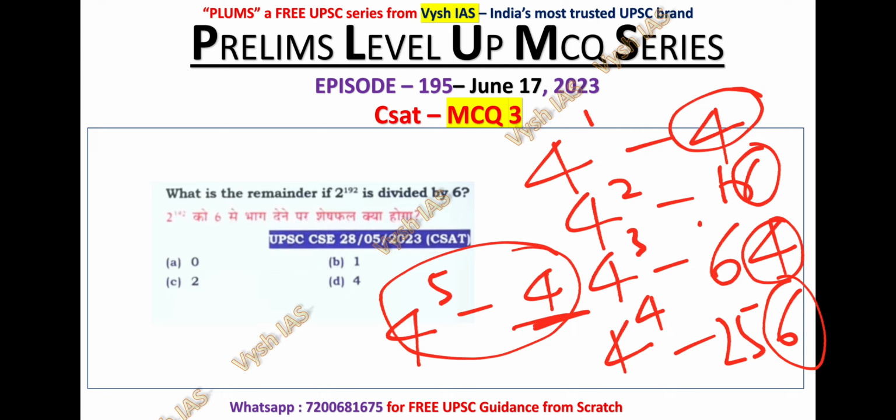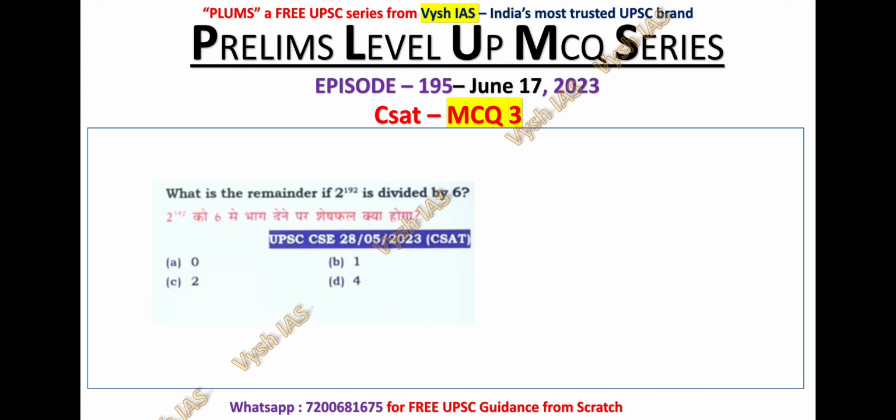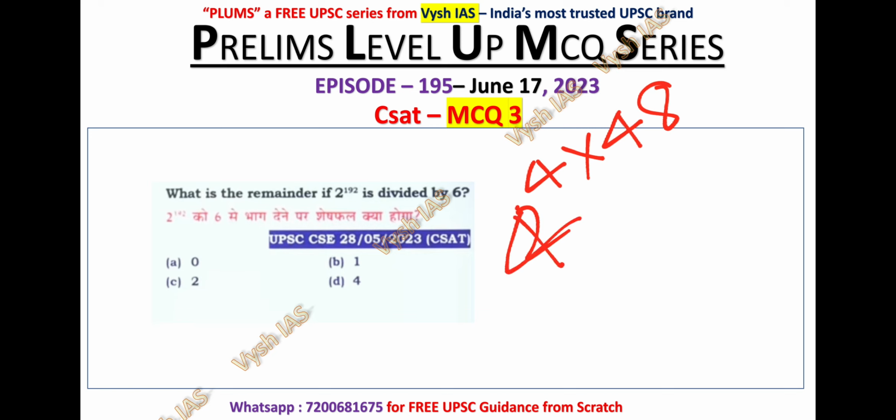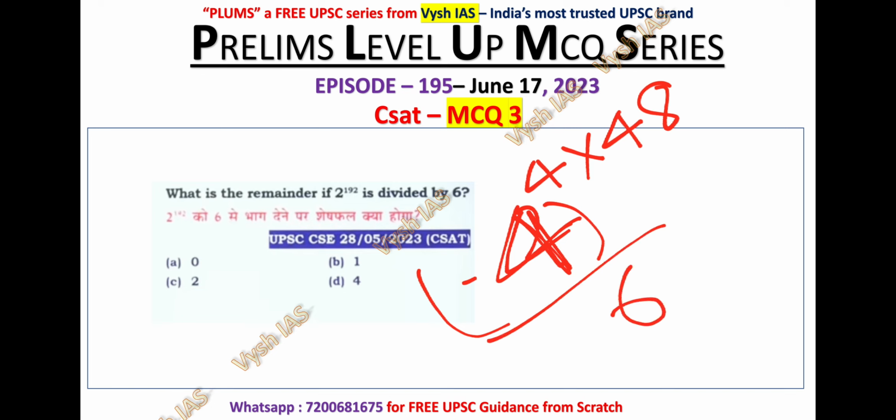In the same way, 192 can be written as minus 4 power 4 into 48 by 6. It is 4 into n, so minus 4 power 4 into n by 6.